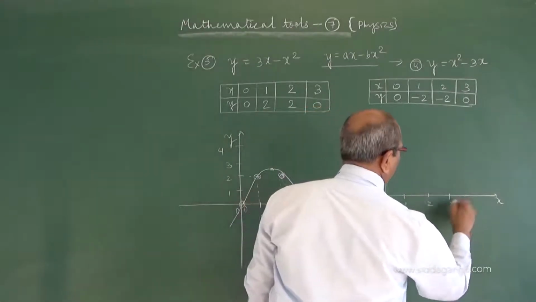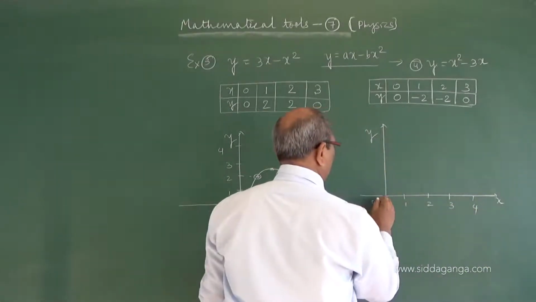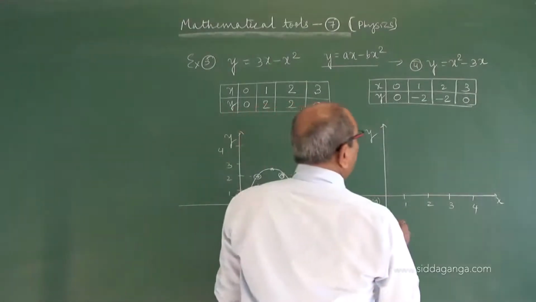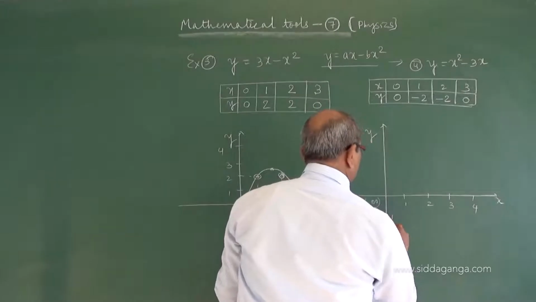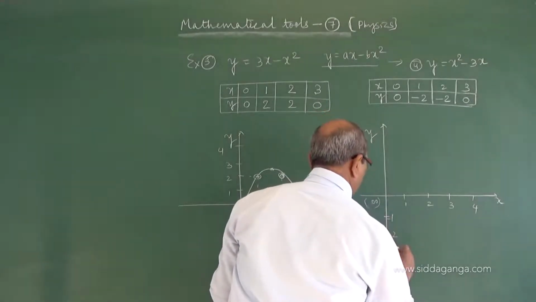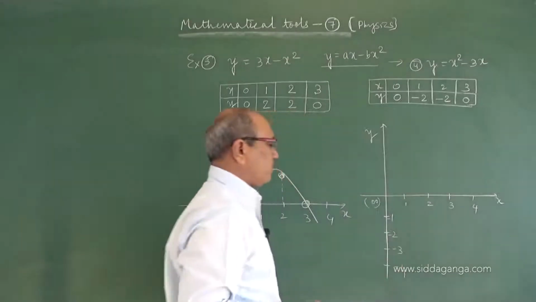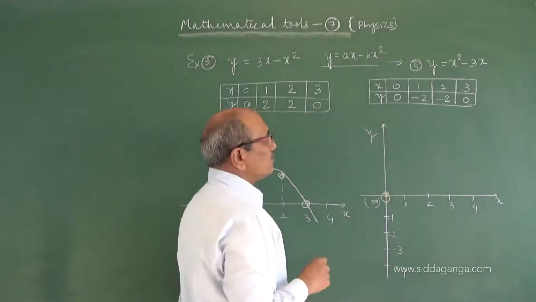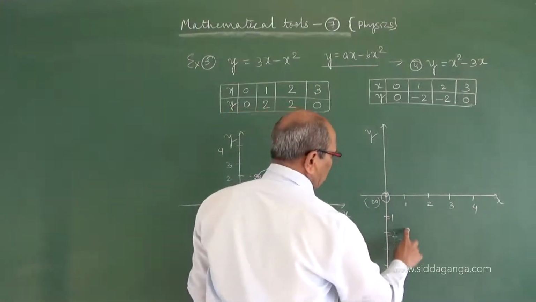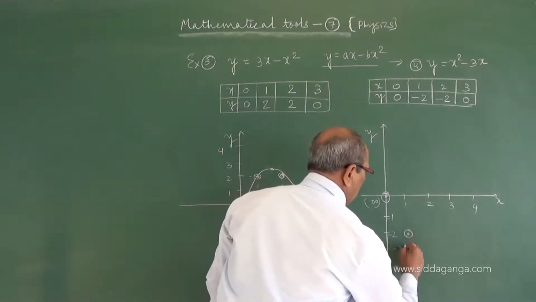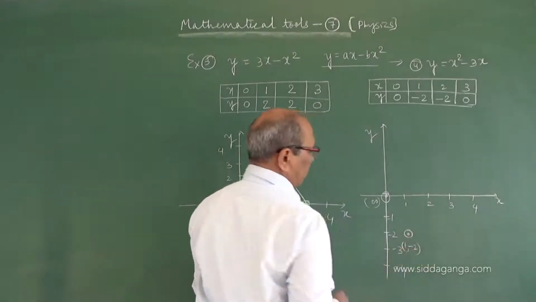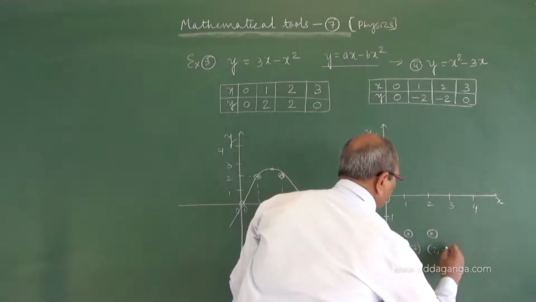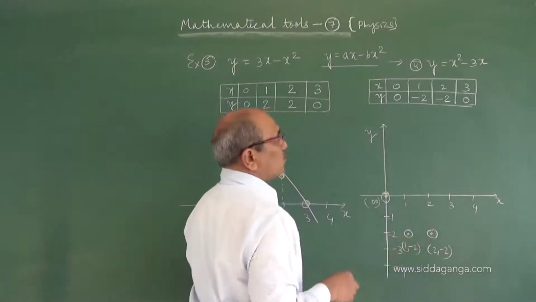So now take x and y axes with 1, 2, 3, 4 and minus 1, minus 2, minus 3, minus 4. 0, 0 is here, 1 point. 1 comma minus 2 is here. 2 comma minus 2, x is 2, y is minus 2.